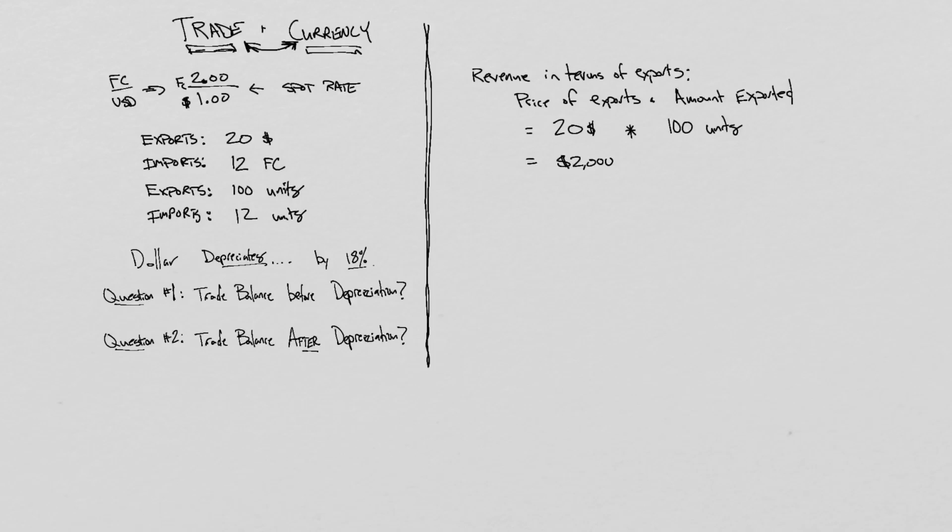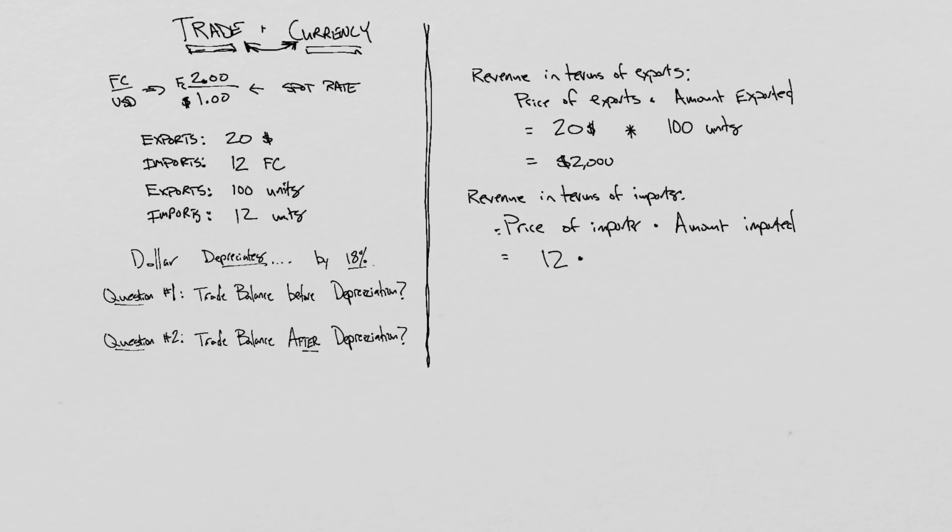Okay, and then we also need to figure out revenue in terms of imports. And that is done similarly. So the price of imports is going to be 12.